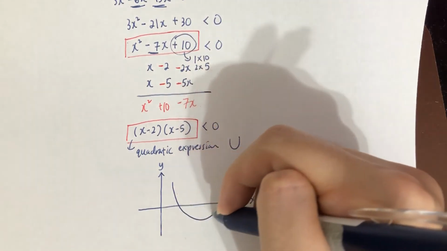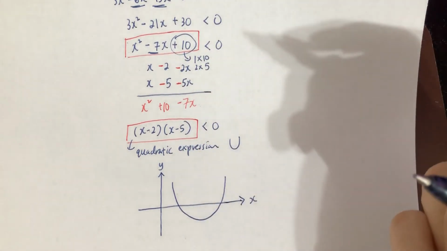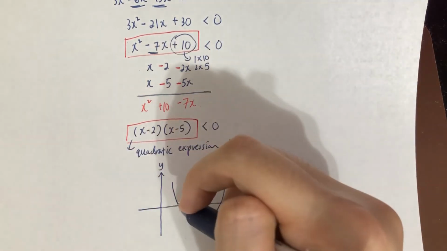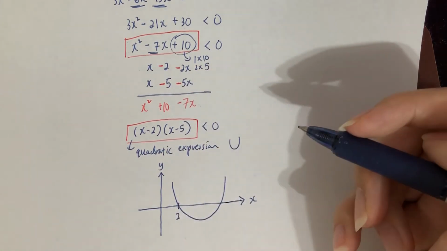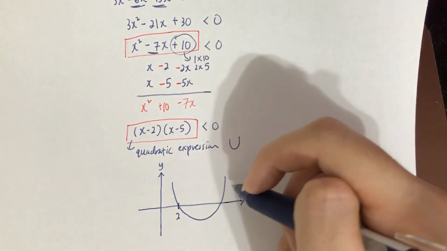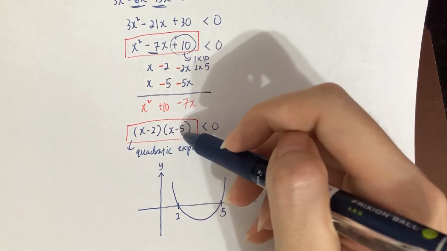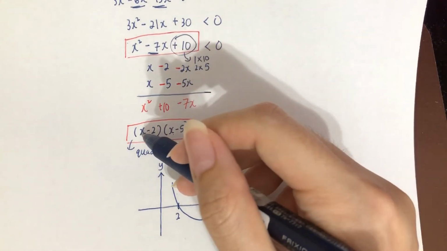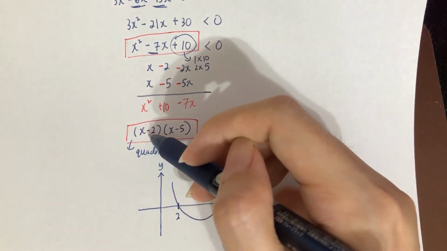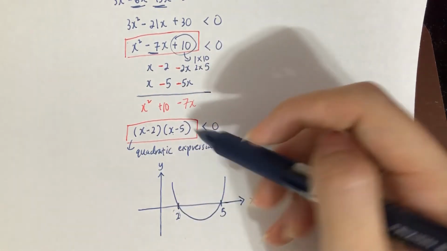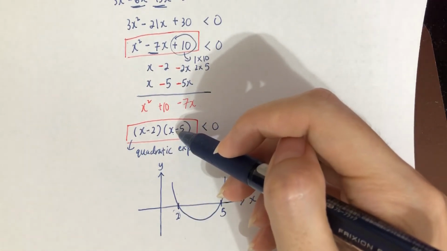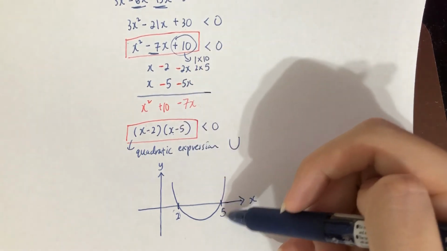This curve will be a U-shaped curve, and we know that one of the x-intercepts is 2, and another is 5. When y equals 0, one x-intercept is 2, while there is another intercept at x equals 5.